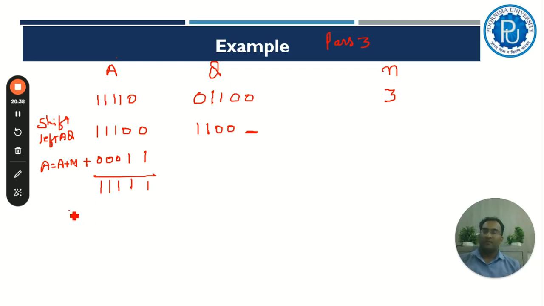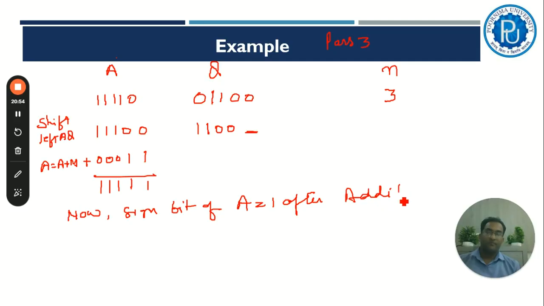The sign bit of A is 1 after the addition process. So Q naught will become 0.